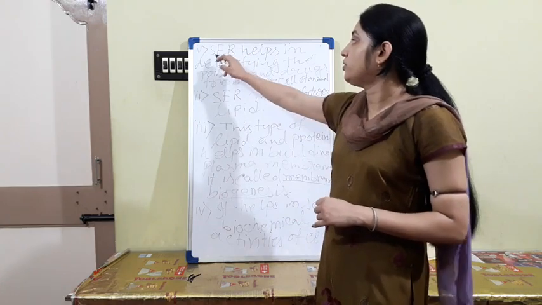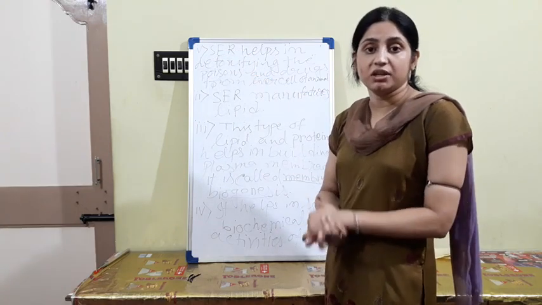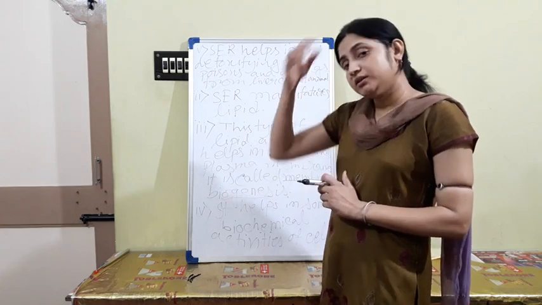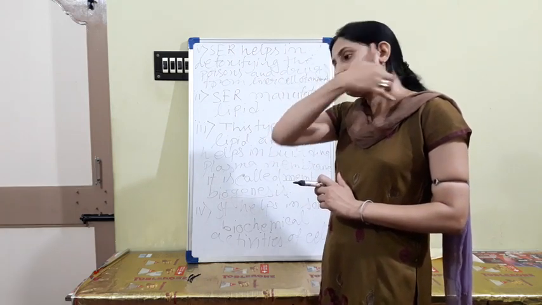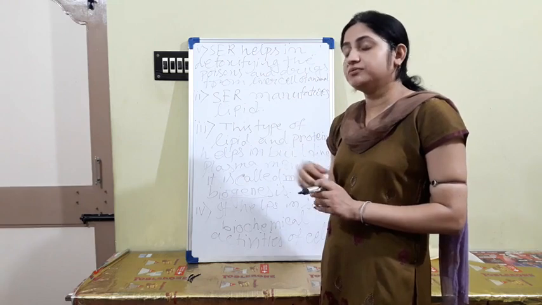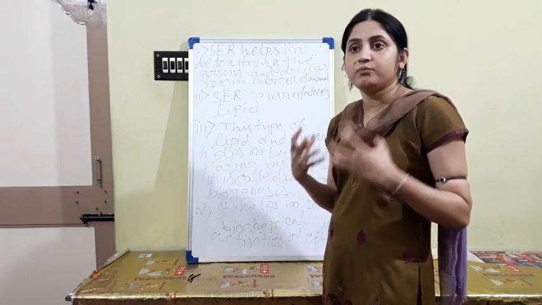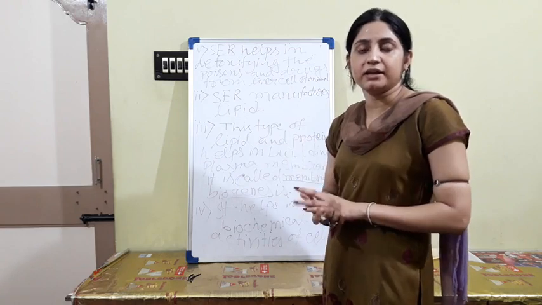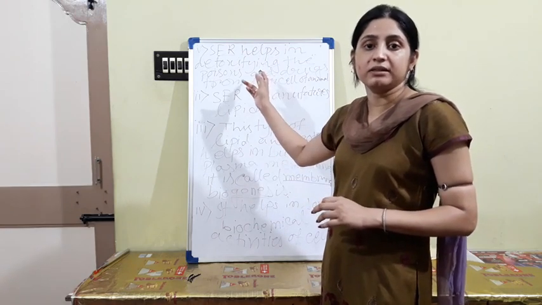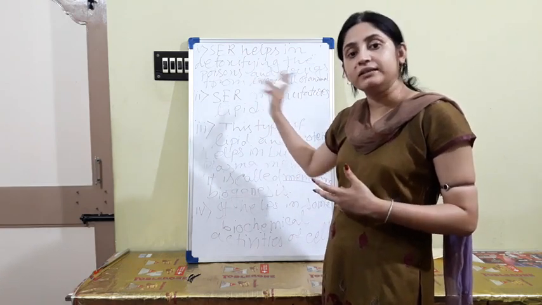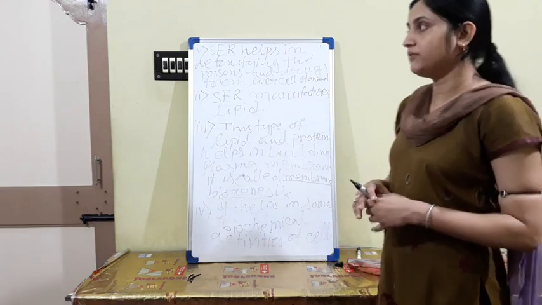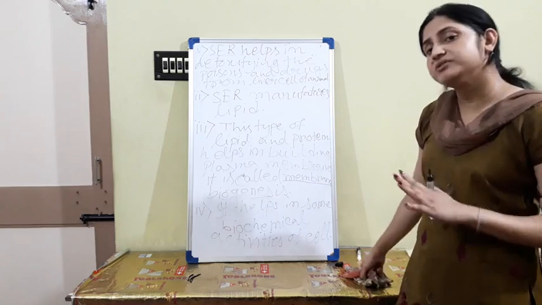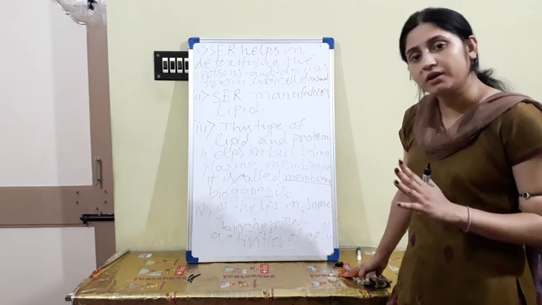And another most important function of the smooth endoplasmic reticulum present in our body is detoxifying. If any poisonous foreign material or other harmful material enters our liver cells, it is detoxified or removed by the SER. This is the function of the endoplasmic reticulum. Another function is that it also helps in transportation of some material.